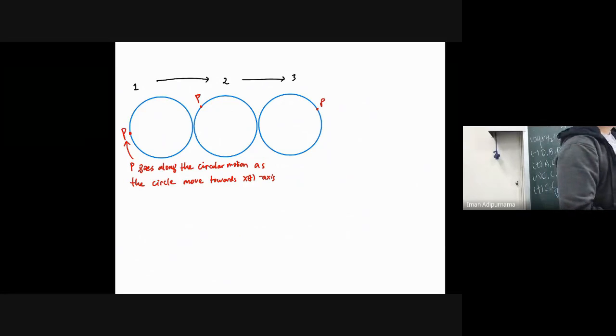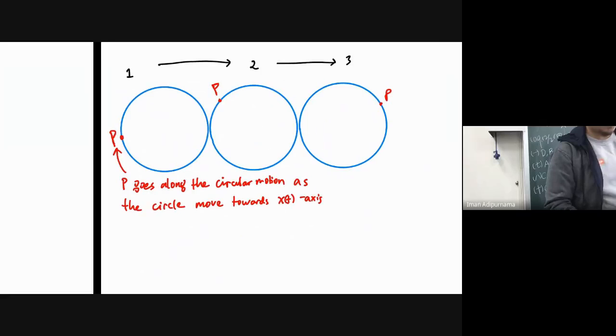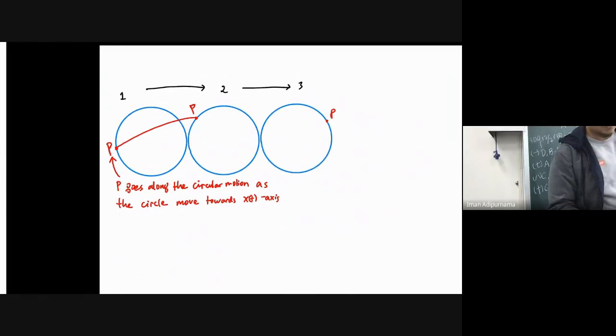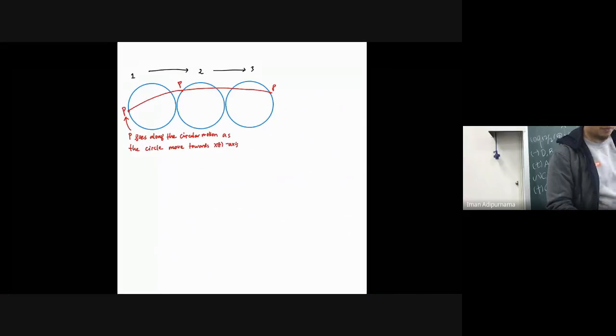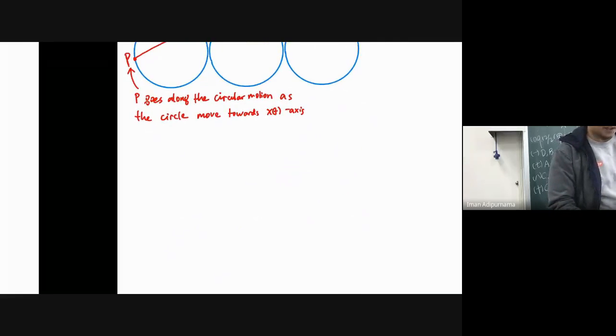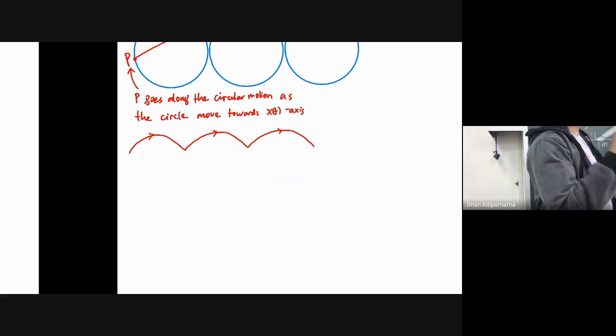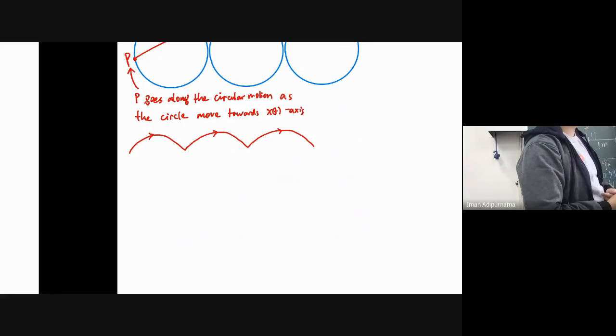If you connect all the P, this P, connect there, and also connect there, the P will be having like, if you connect all P with all possible movement, this is what you will get.